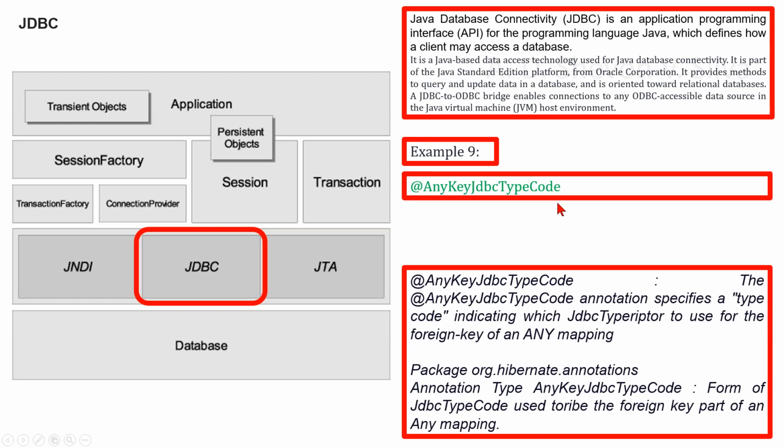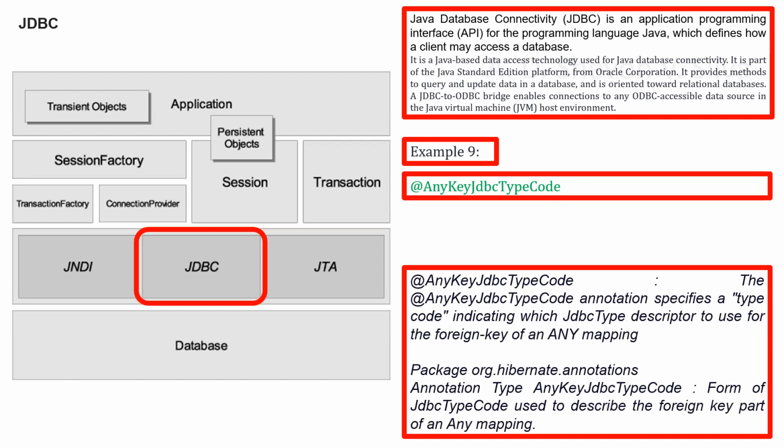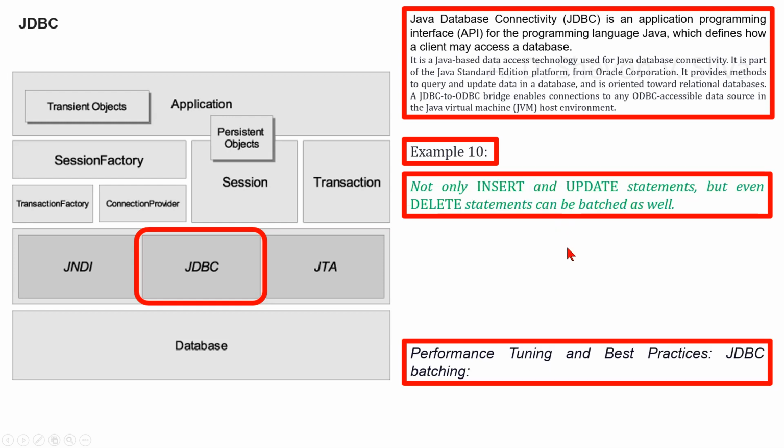This annotation type, AnyKeyJdbcTypeCode, is the form of JDBC type code used to describe the foreign key part of an any mapping. This is in the package org.hibernate.annotations. Now we are considering JDBC batching in performance tuning and best practices.